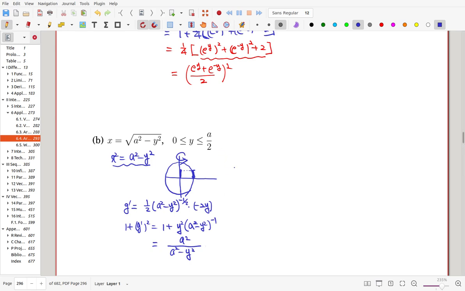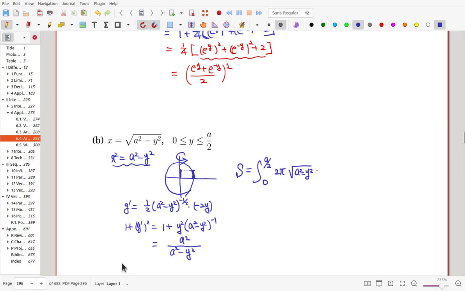So here we have the surface area is the same as the integral from 0 to a over 2 of 2 pi, and about y-axis rotation, so it must be x, which is the same as the square root of a squared minus y squared.